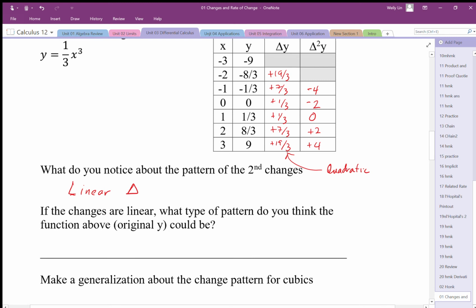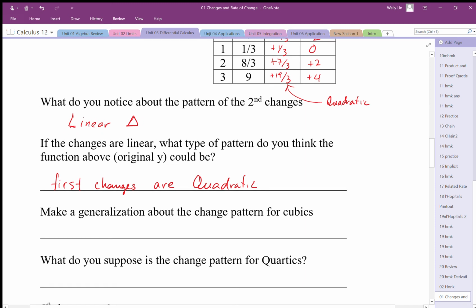I'll write it like this: the first changes are quadratic. So this is what we're going to make as a generalization: a cubic function, its changes are quadratic.